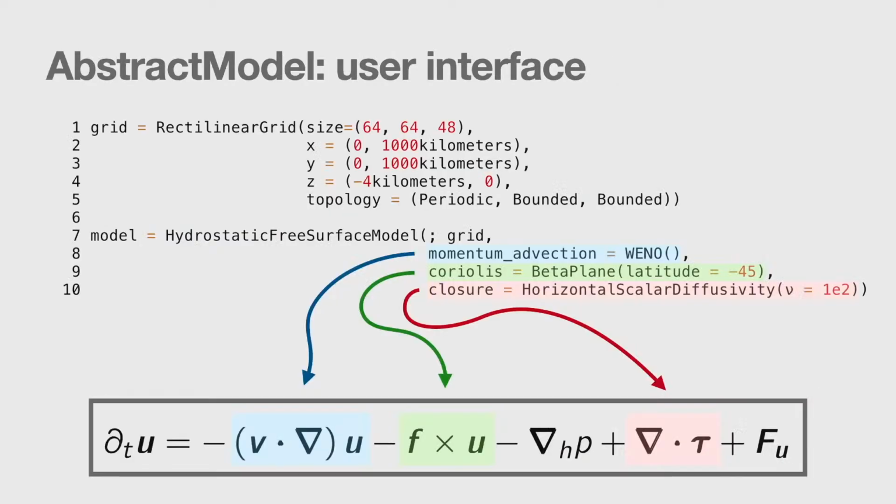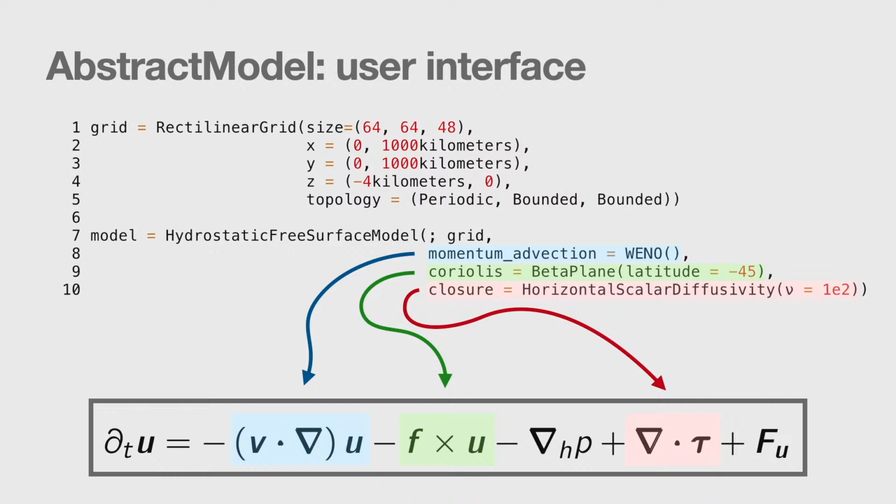I think it's important to see why this pattern allows for very easy extensibility. In the examples that I showed before, you can see that in the model construction we have hooks that you can change with different numerics or physics that correspond to the individual terms in the equations that we're solving.